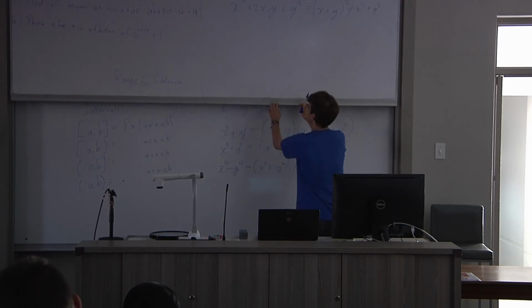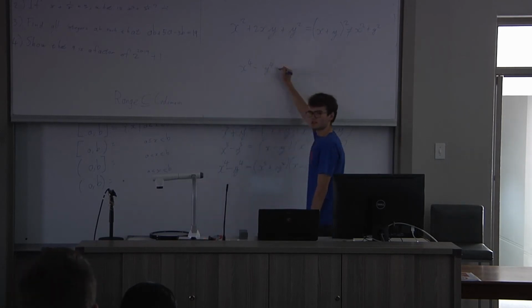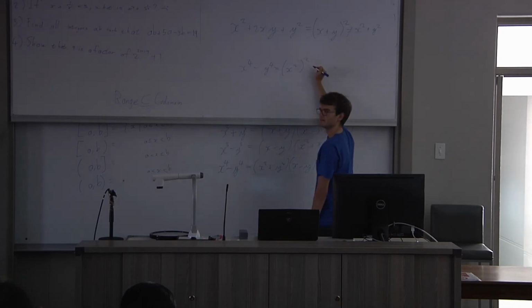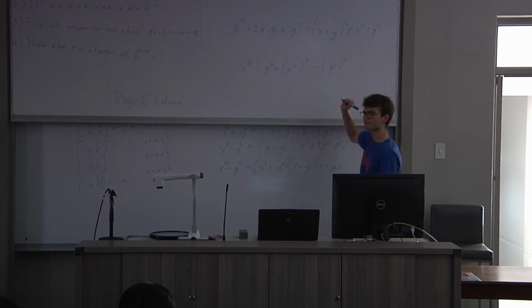So, in case you didn't get that, if you have x to the 4 minus y to the 4, you notice that this is just x squared squared minus y squared squared. Right? It's the same thing.